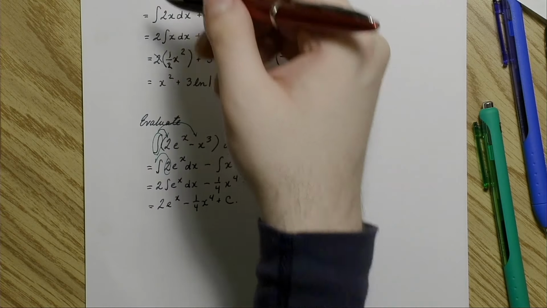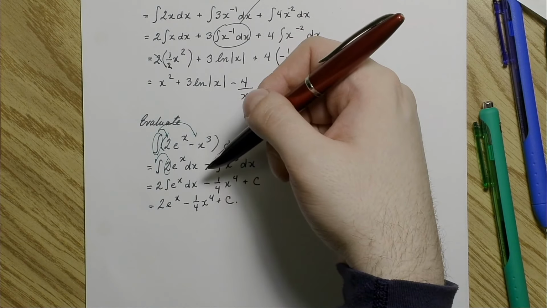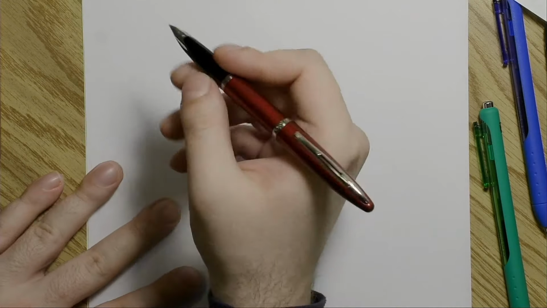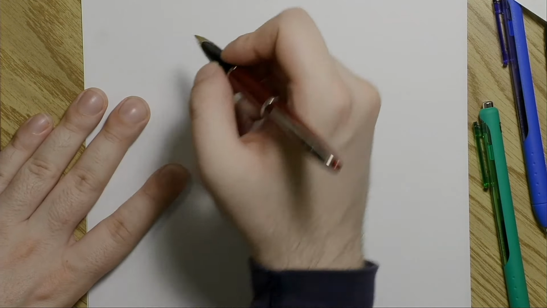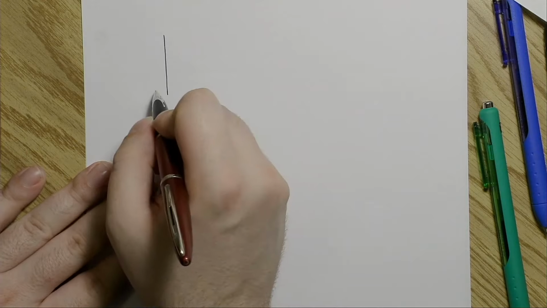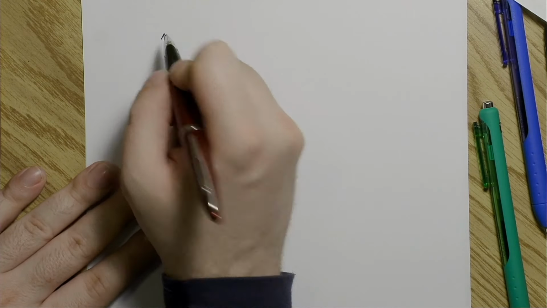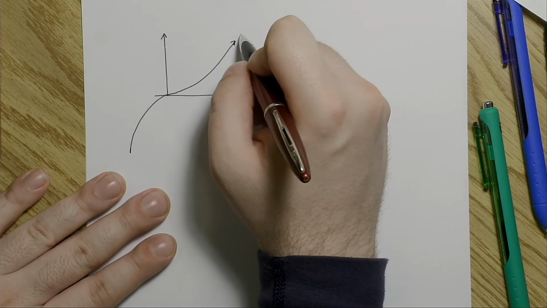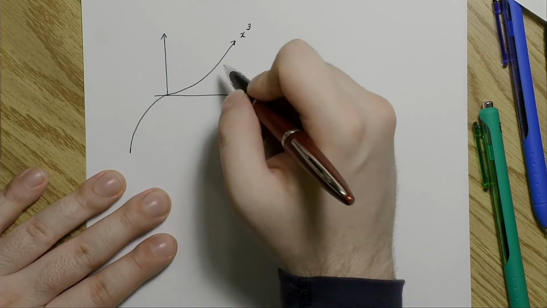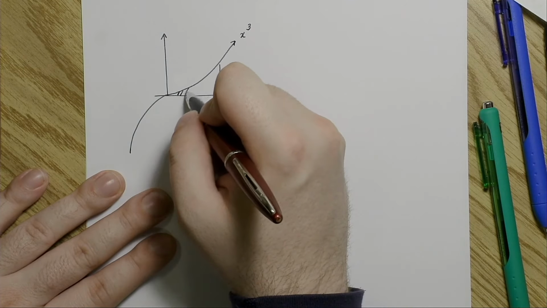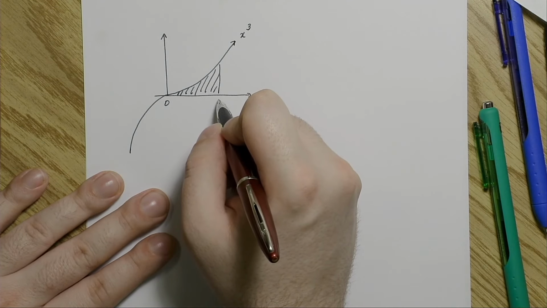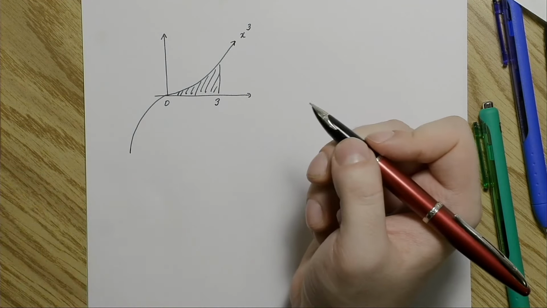Now, those are indefinite integrals. What do we do if I have something crazier? So, for instance, let's say that this is x cubed, and I wanted to find the area under the curve from 0 to, I don't know, let's say 3.